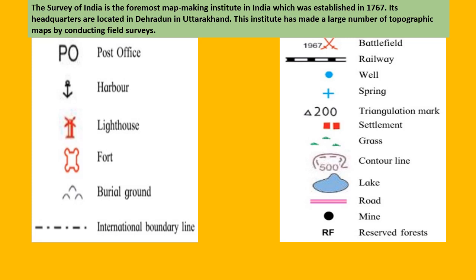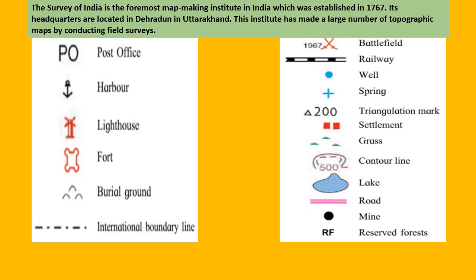This institute has made a large number of topographic maps by conducting field surveys. The list of some of the symbols used by the Survey of India is shown here on the screen. You know, signs and symbols used on maps help us to read the map easily.